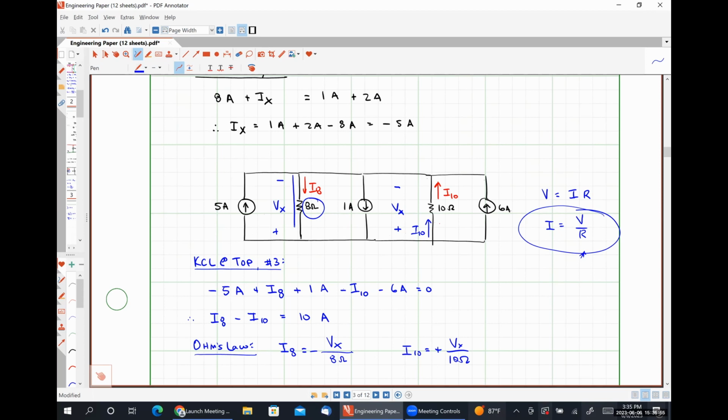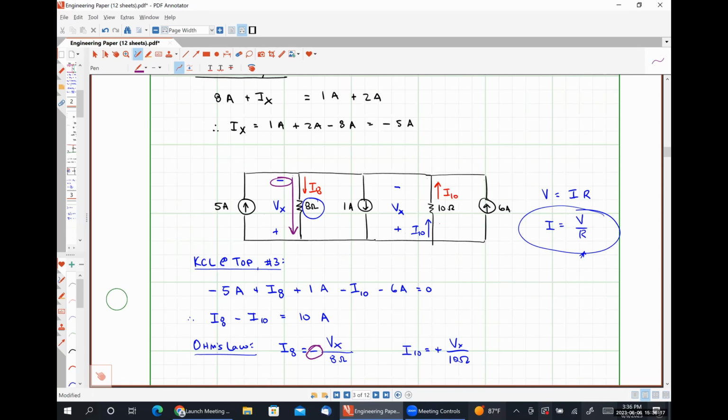Let me do it in purple here. Down through the 8 ohm resistor like so. It hits the negative polarity terminal first, which is why we get a negative sign here.